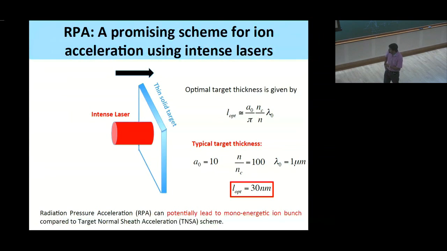The advantage is that it can potentially lead to a monoenergetic ion beam. Also, it has the potential to boost the efficiency of acceleration, because essentially you are driving the whole target, at least in the ideal condition. So the efficiency of acceleration could be higher in radiation pressure than in other laser plasma acceleration schemes.